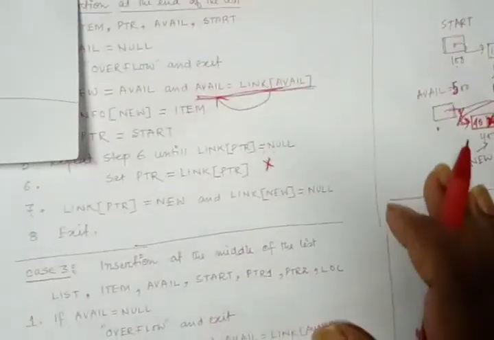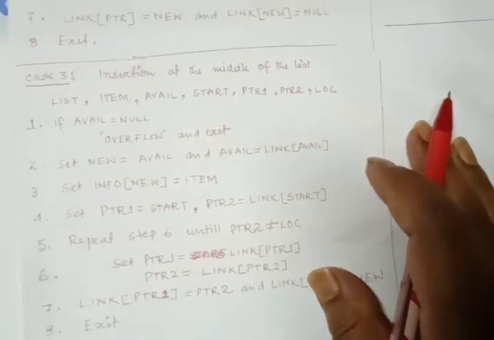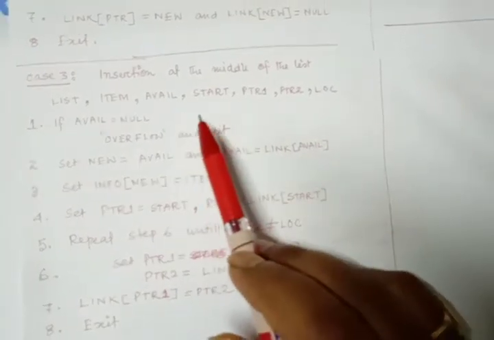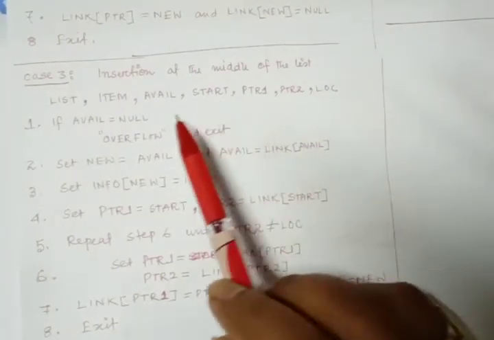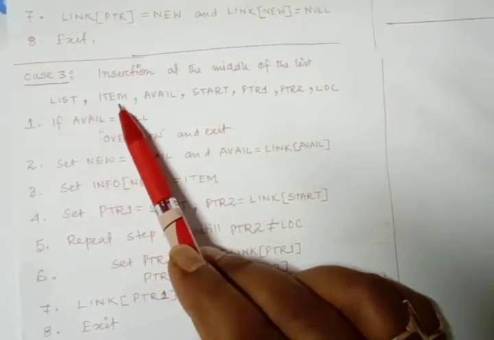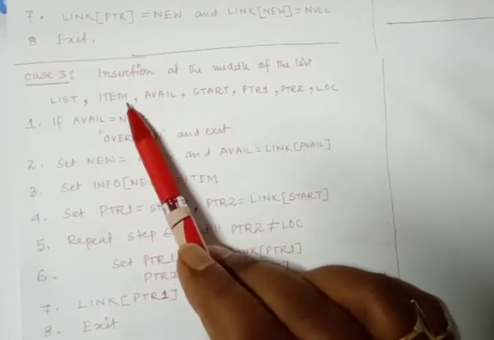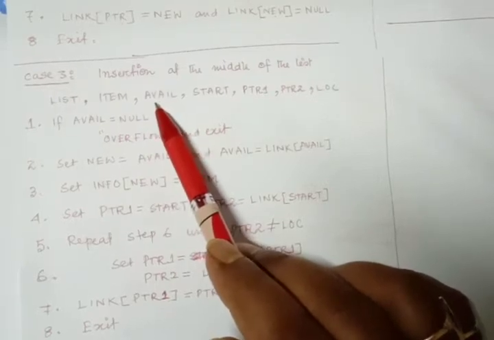Now our next algorithm, insertion at the middle of the list. So again, list is a linked list which is in the memory. Item is the variable that we want to insert at the middle of the list. Avail is the available linked list.